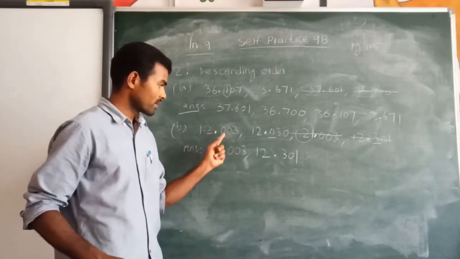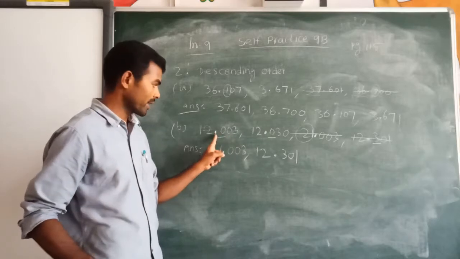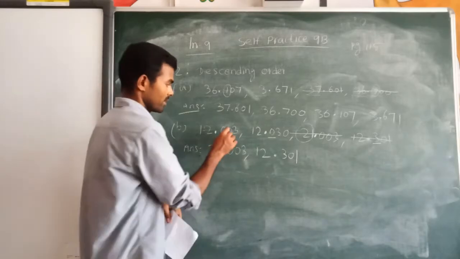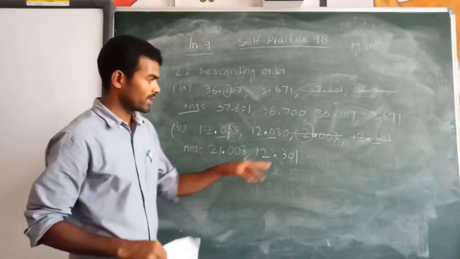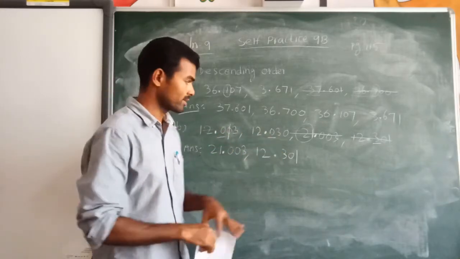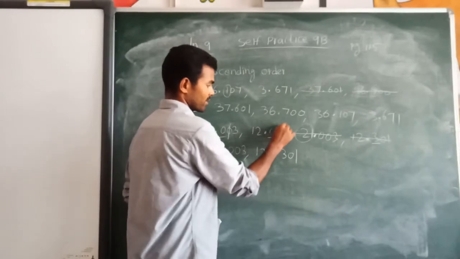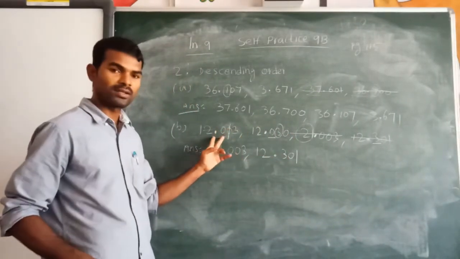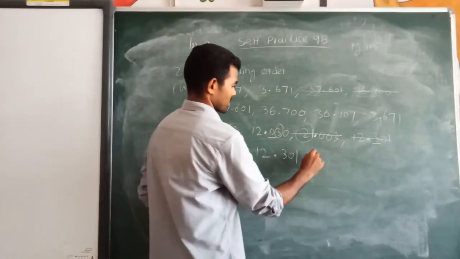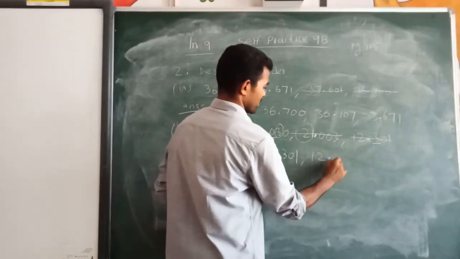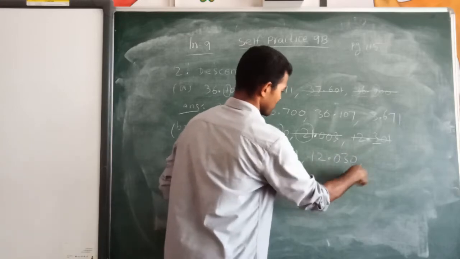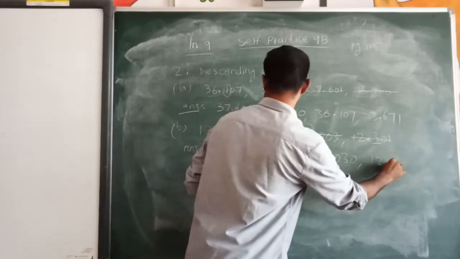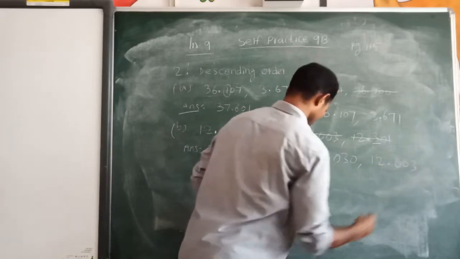Here is 0, and here the second number is 3. So this is big and this is small. 12.030, and the last smallest number is 12.003.